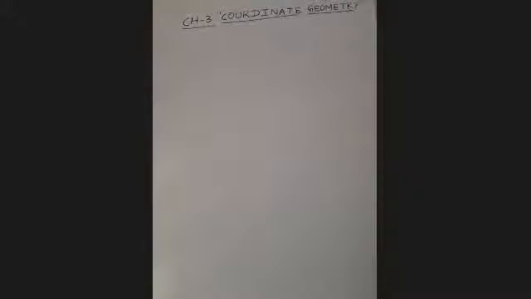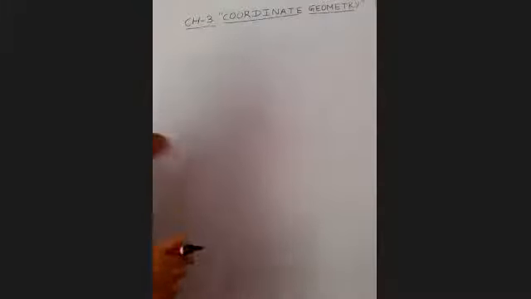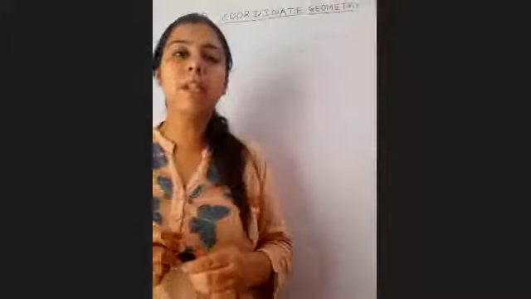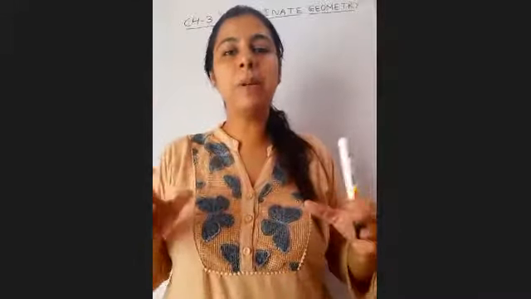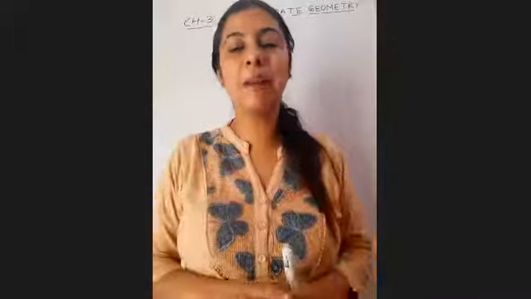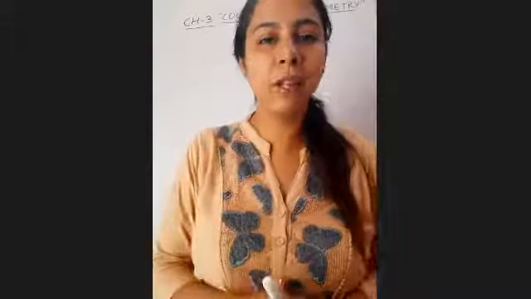Yes, beta. Let us quickly revise what coordinate geometry means. As discussed, coordinate means position or place of something, and geometry means we are going to talk of it in a plane. In a 2D plane, we are going to draw the positions of the various figures.